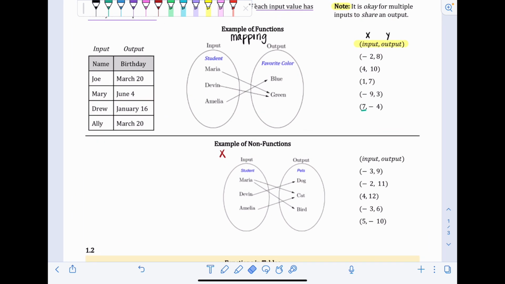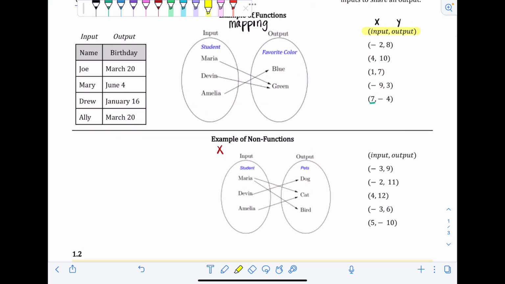And then for the set of points over here, remember input is the first number, the x coordinate, and the output is the second number, the y coordinate. So right here we have -3 that goes to 9, -2 goes to 11, 4 goes to 12, -3 goes to 6, and 5 goes to -10.